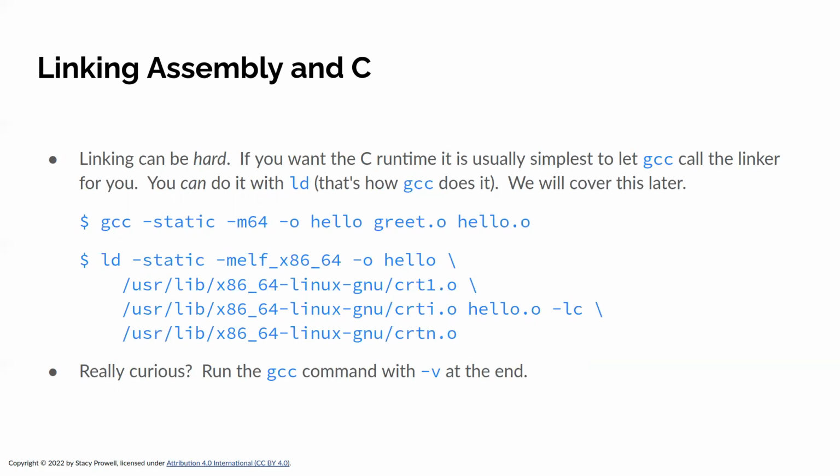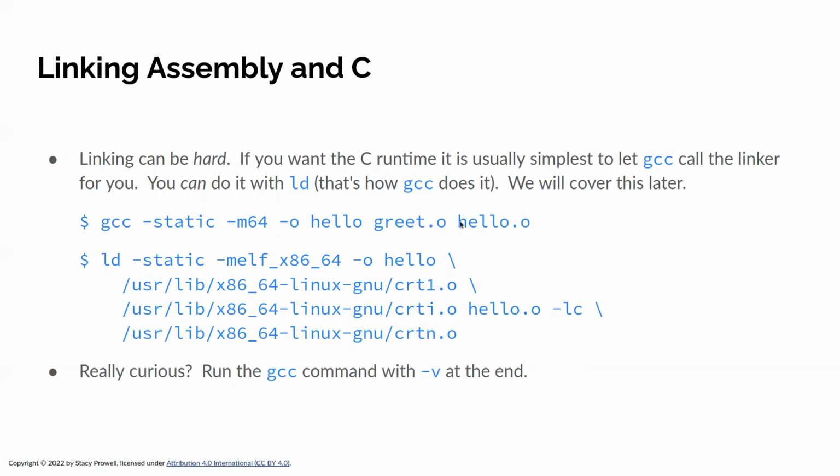But if you want the C runtime and you want to link with C, the simplest thing to do is usually just to do this. GCC, we'll put -static in here. We'll figure out how to get rid of that later. 64-bit machine, I want the output to be called hello, and I'm going to put together some .o files.